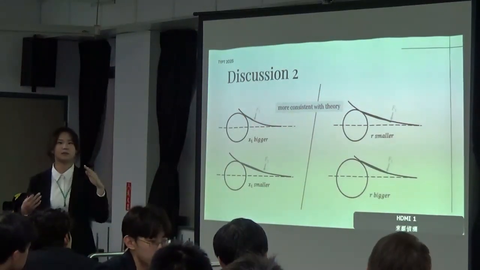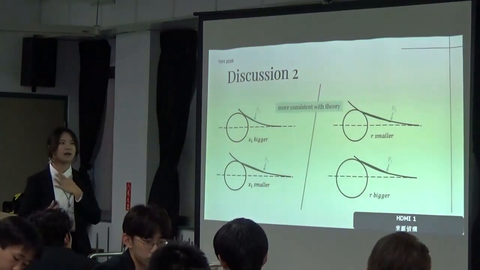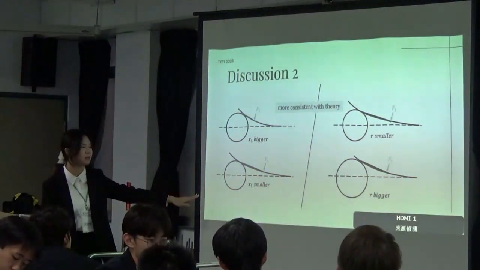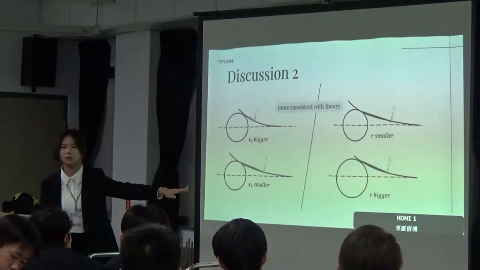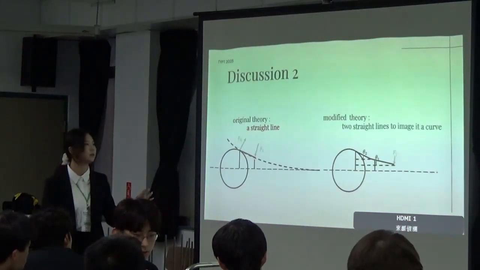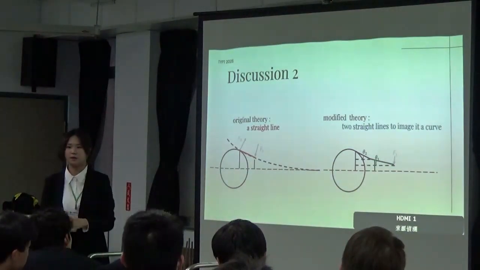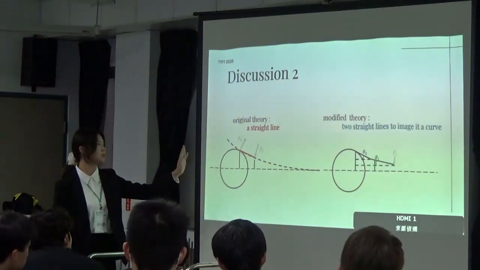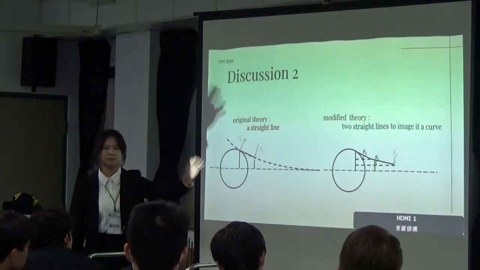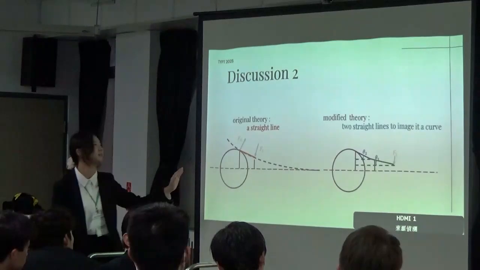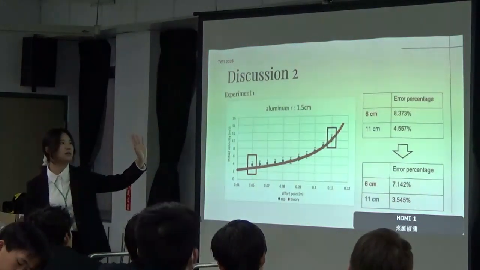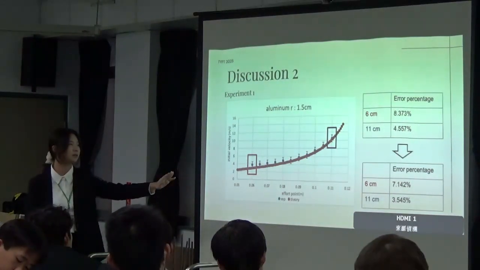So in my experiment, I observed it again, and I found that when x1 is smaller and r is bigger, the error between my experiment and theory will be bigger. So I modified my theory again. I changed one straight line into two straight lines to approximate a curve. And I did the correction again, so we can see that the error percentage has been lower.